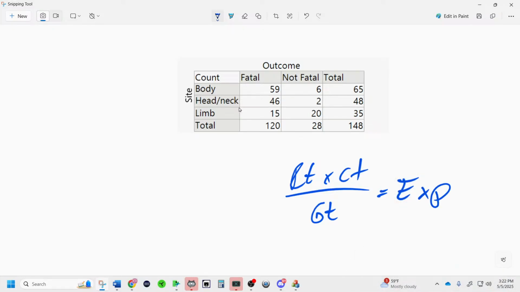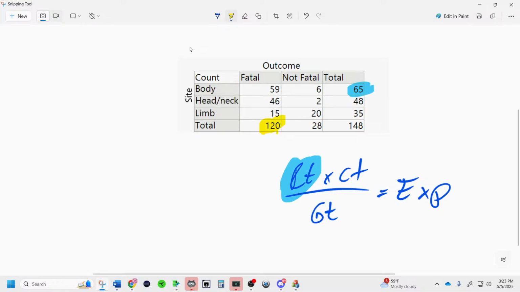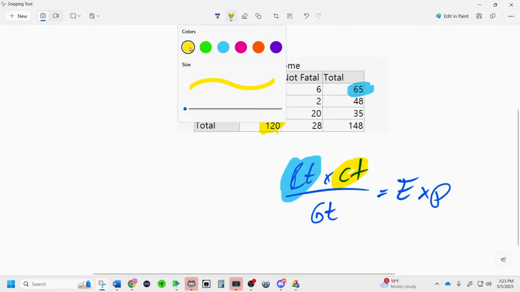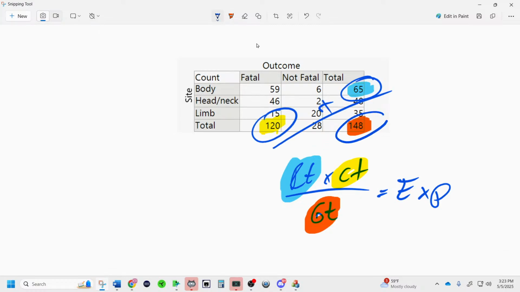What you do here is you simply circle the row total, and then you circle the column total. Then you circle the grand total in a color that's going to appear better. And you simply write the equation: row total times column total over grand total equals expected. And that's the expected just for this one cell.